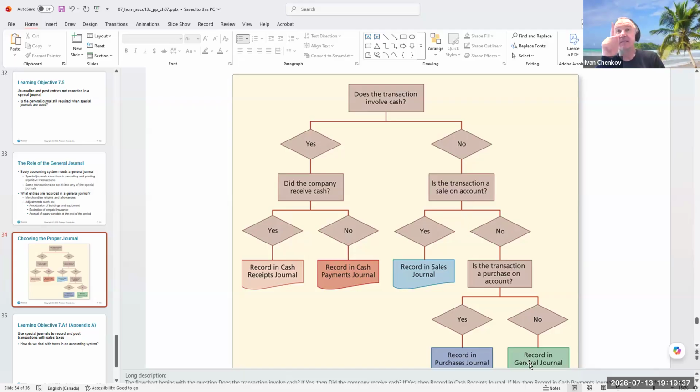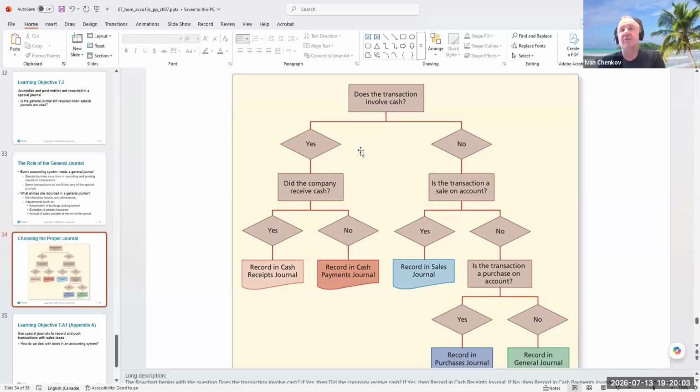So that's what's going to be tested again on the final exam. You're going to have different events and transactions, and you'll have to identify where each transaction will be recorded. As you can see, you have five options. The simple way is to put it in this chart, and you're going to end up with the right answer.